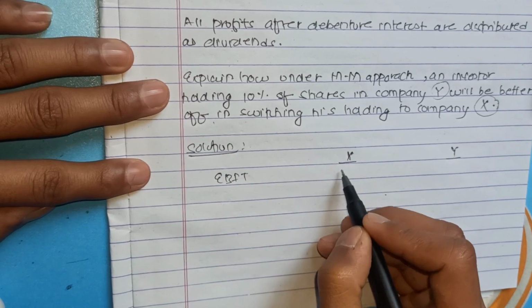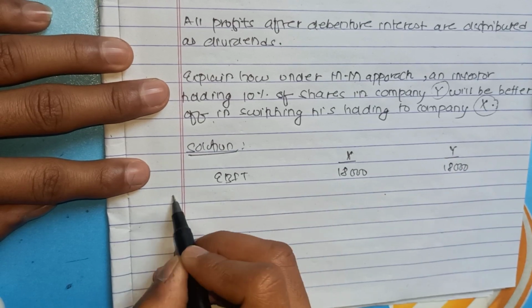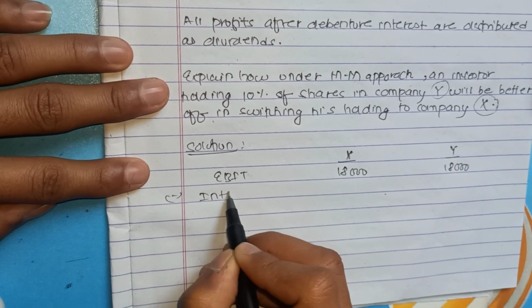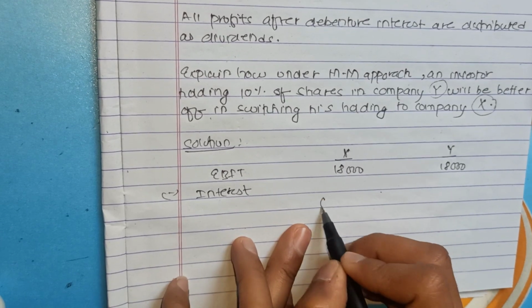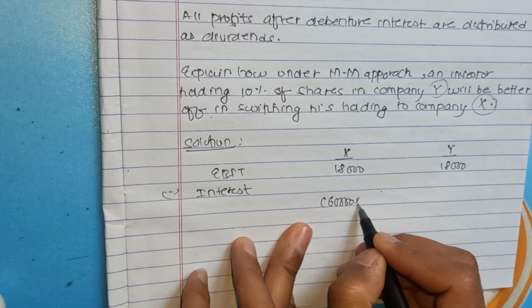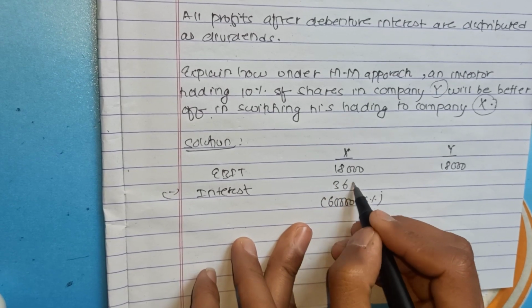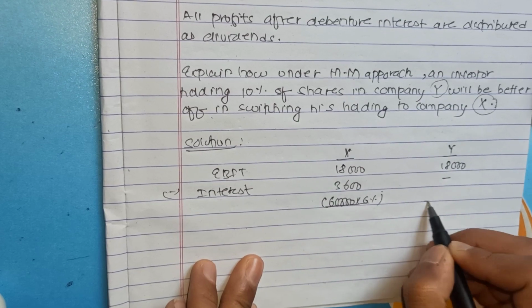EBIT of company X is 18,000 and Y is 18,000. Less interest. Company X has interest of 60,000 at 6%, meaning 3,600, and company Y has no debt, meaning 0.